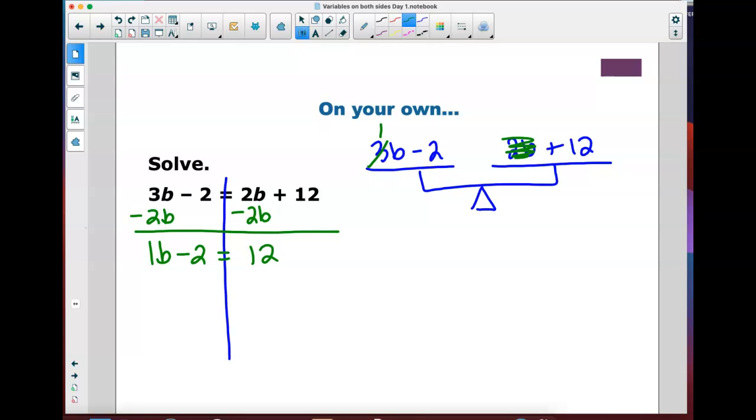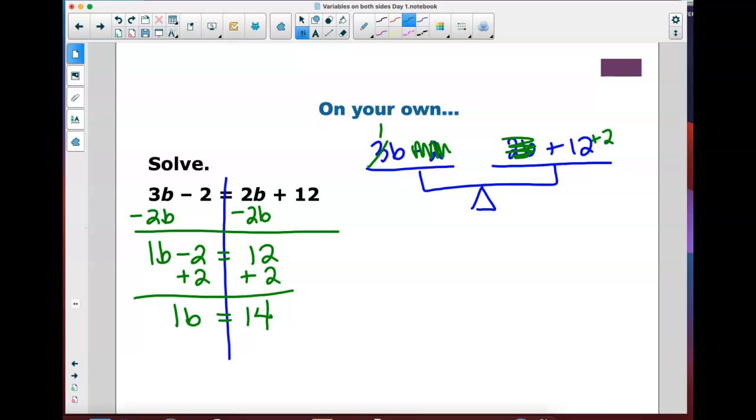Okay. Now I want to get rid of this minus 2. To get rid of a minus 2, I have to plus 2. So I'm going to put plus 2 on each side. If I put plus 2 over here, we end up with 1b equals 14.